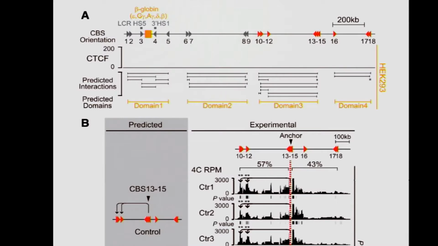And just for follow-up, they also looked at the beta globin locus and a particular domain downstream, upstream, away from, downstream. The orientation, right? There's a number of different ways.